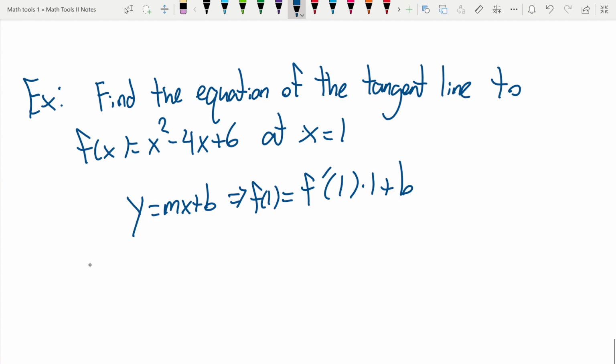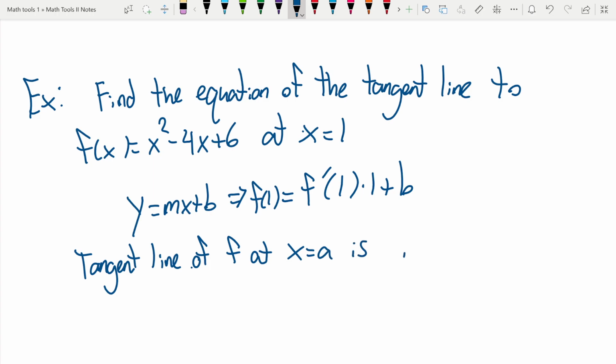So in general, the tangent line of f at x equals a is f of a equals f prime of a times a plus b, where b is the y-intercept of the line.